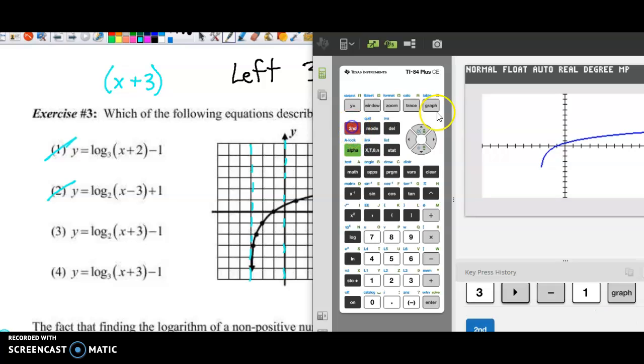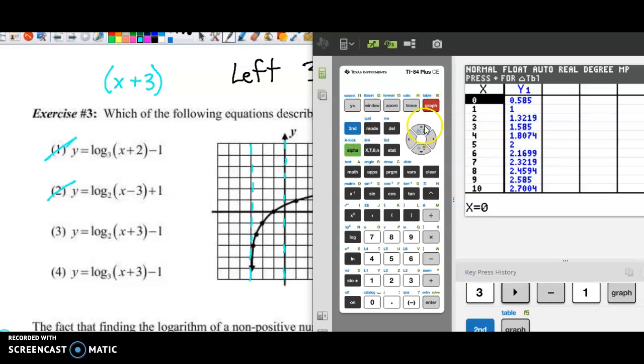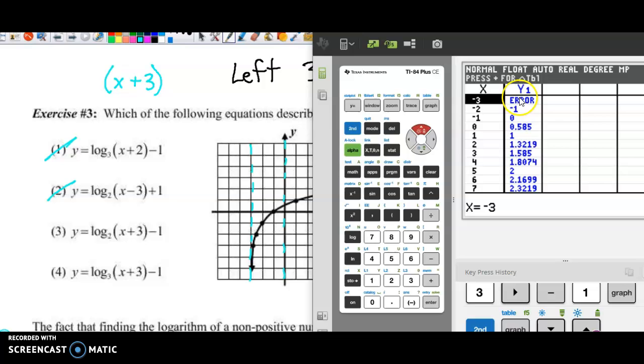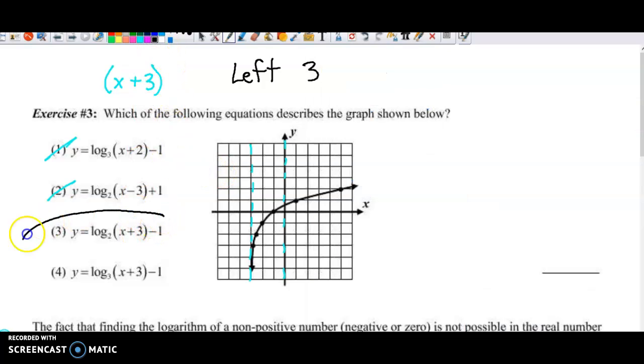And I could go to a table, second graph, and I could see 1, 1 is an ordered pair. What's another ordered pair? -2, -1. Now the other ordered pairs are going to get errors because you can't plug in -3, otherwise you'd be logging 0. Can't plug in -4 because you'd be logging -1. So I believe that is the correct answer.